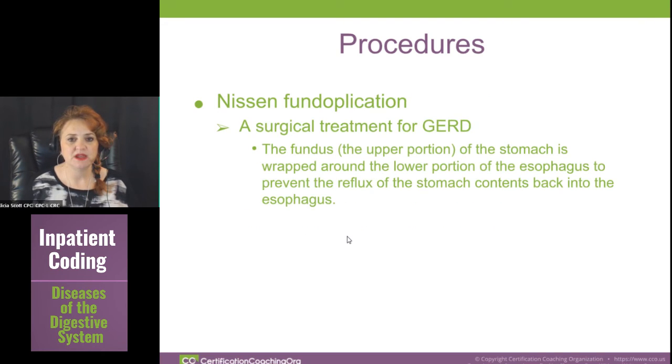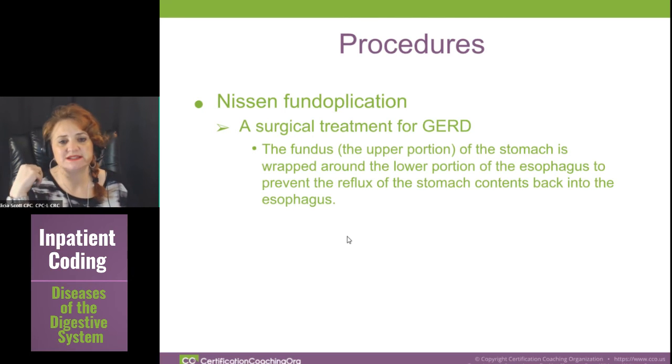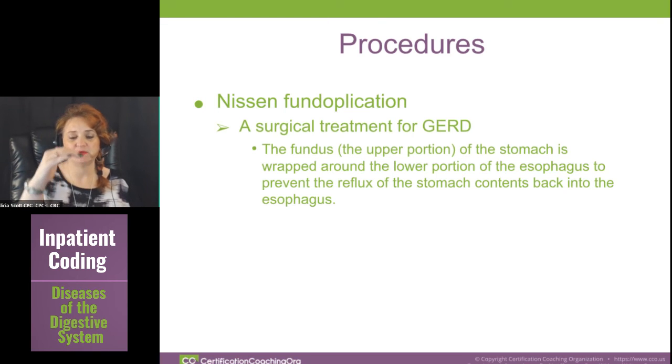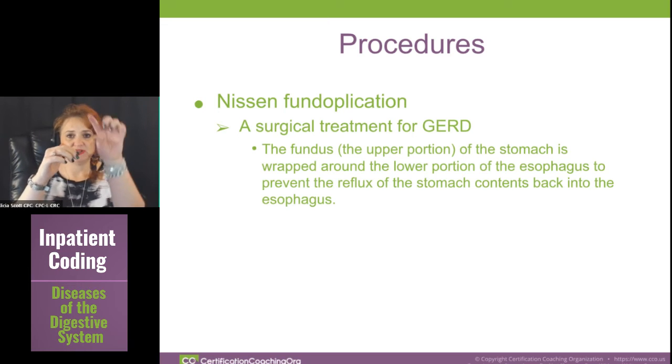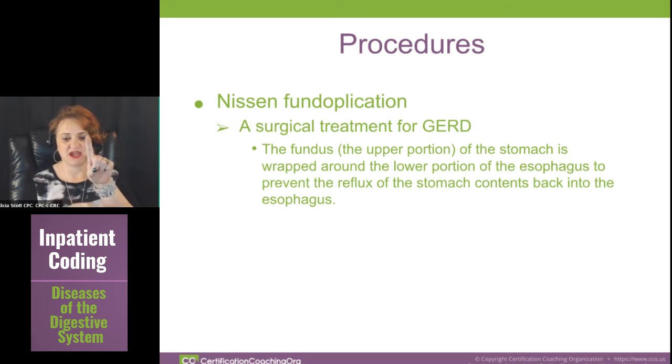If we do a Nissen fundoplication, that is to treat GERD. So the upper portion of the stomach, which is the fundus, remember I told you that you had your esophagus, and then the stomach is like this. It arches, and then it comes down and curves up, and then here's the pyloric sphincter.